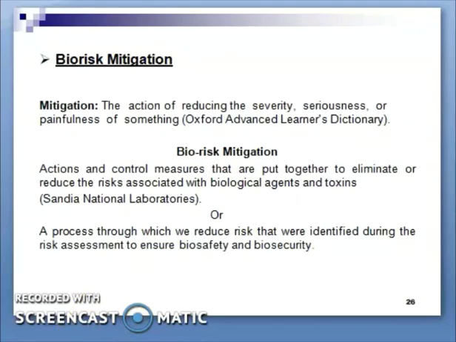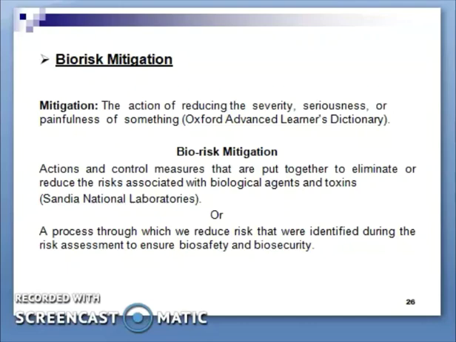So the second main component of biorisk management is biorisk mitigation. The dictionary meaning of mitigation is the action of reducing the severity, seriousness, or painfulness of something. Here, by biorisk mitigation, we mean actions and control measures that are put together to eliminate or reduce the risks associated with biological agents or toxins.